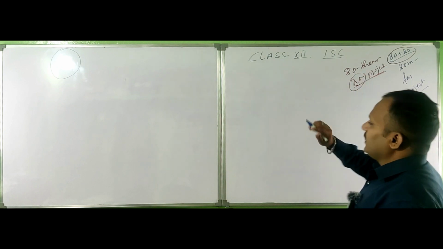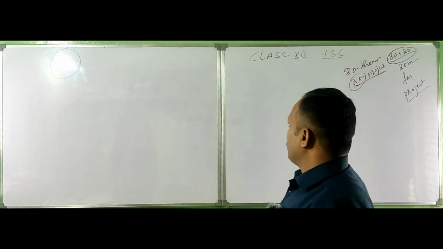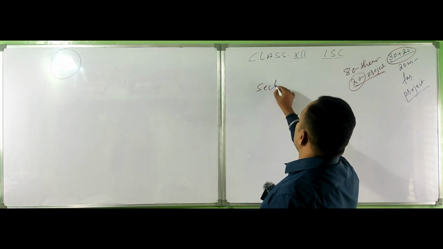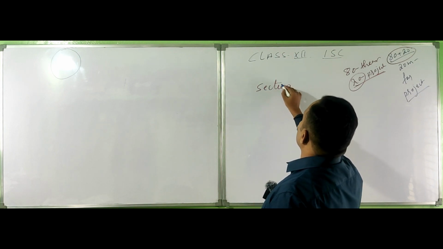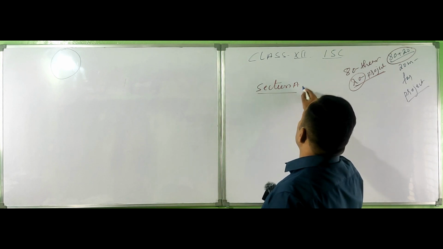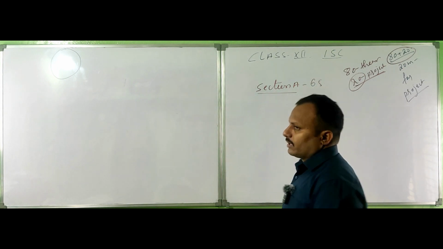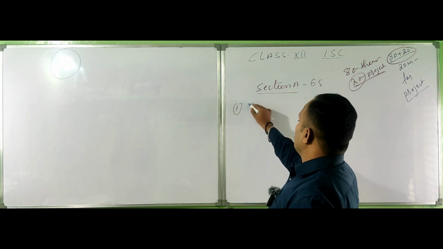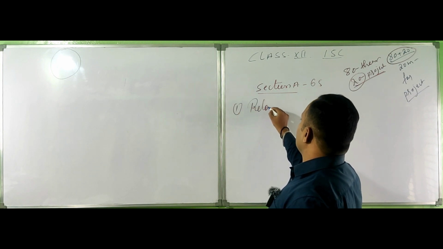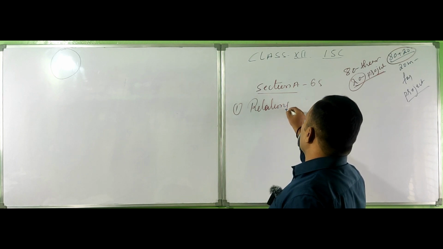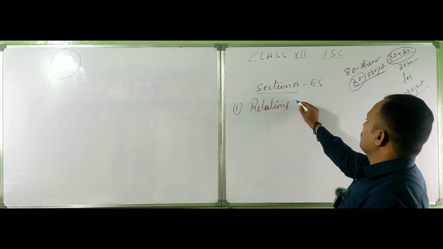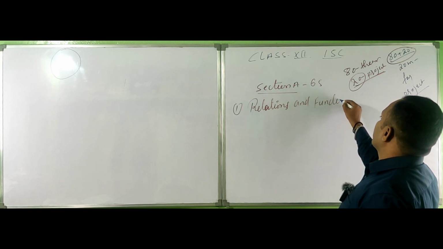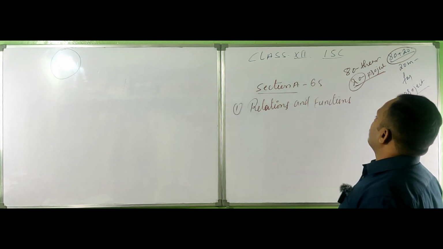For the 80 marks, they are divided into three parts. Section A is compulsory. For this they are assigning 65 marks in total. Here the first chapter is relations and functions.